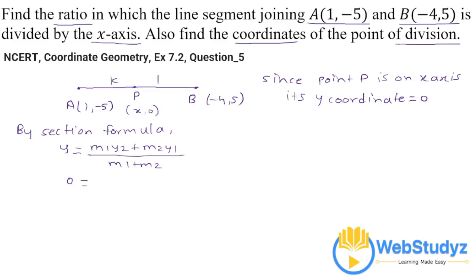So 0 equals (k into 5, plus 1 into -5) divided by (k plus 1).